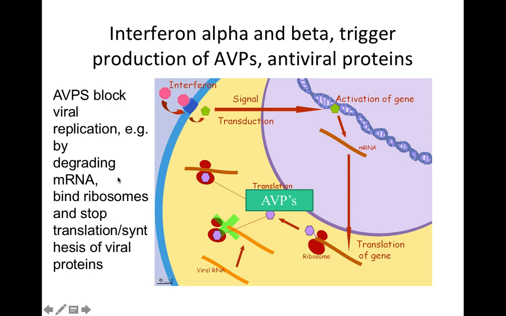These are just some of the mechanisms: antiviral proteins can degrade the viral mRNA, and they can inhibit ribosome function, so none of the viral proteins can be made, right? So if this can happen early enough, you can stop the viral infection. That's just amazing.